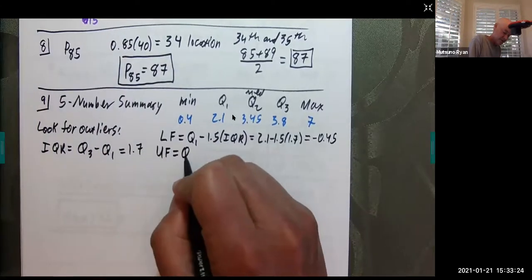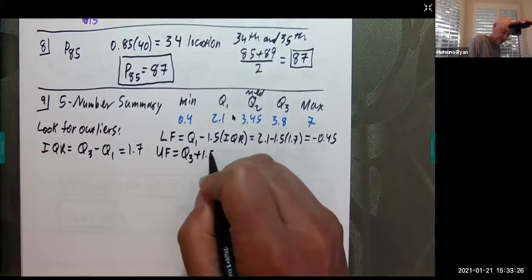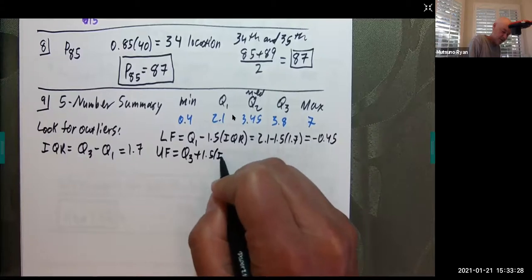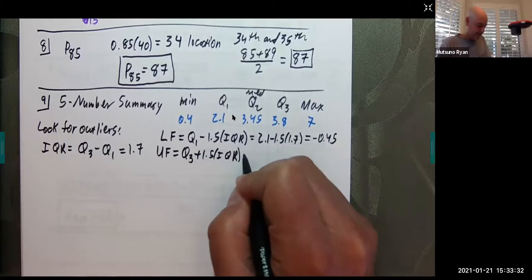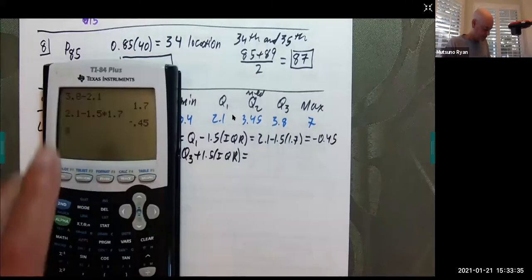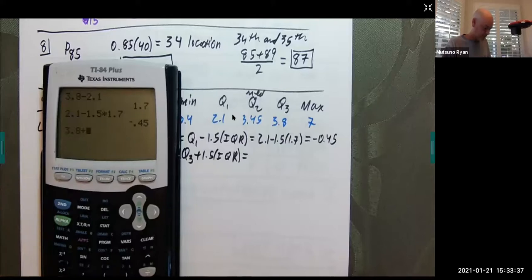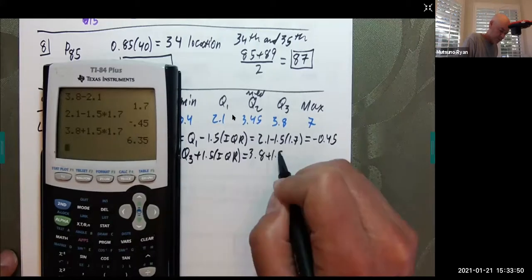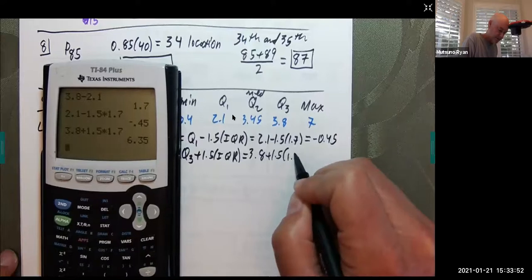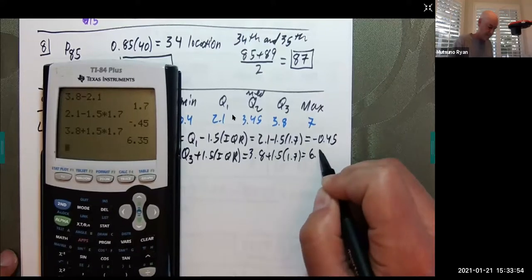That's Q sub 3 plus 1.5 times the IQR. So that's 3.8 plus 1.5 times the 1.7. Let me write that out. 3.8 plus 1.5 times 1.7, which gives us 6.35.